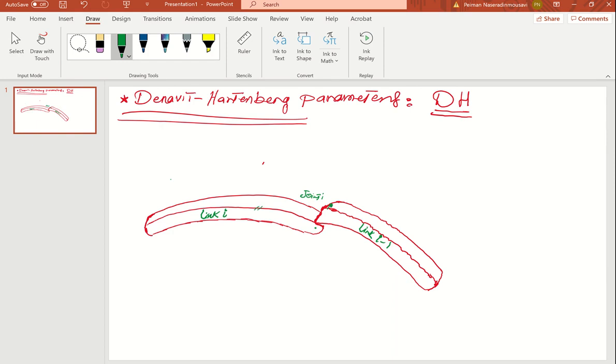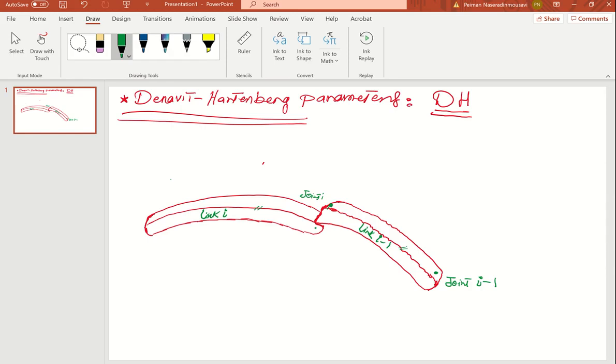Okay, so if you want to actuate this link, you have to put another joint here. So joint what? Joint I minus 1. So again, when I'm actuating this joint by a DC motor, so this link moves, and when I actuate this joint, this link moves. Okay, understand?